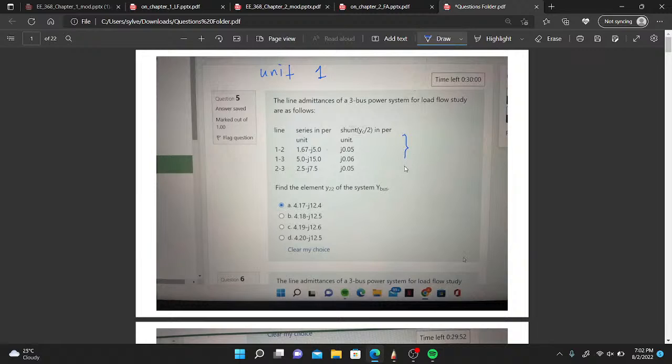So this is a first question on the admittance matrix. This is a 3-bus system, right? We know that in the admittance matrix, what goes here is admittance attached to bus bar 1, what goes here is admittance attached to bus bar 2, and what goes here is admittance attached to bus bar 3.